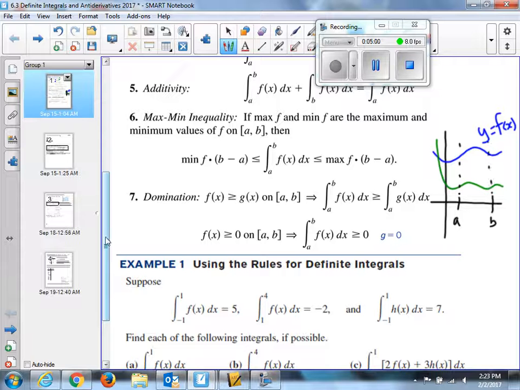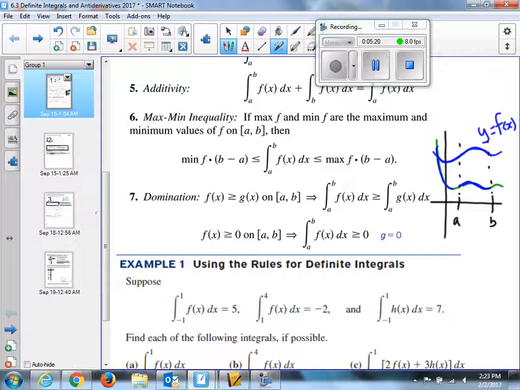So it means nothing outside of this given interval. But I'm saying if f of x is larger than the function g of x, it should make sense that the area between a and b for the blue function, in this case the top function, should be a larger area than that.